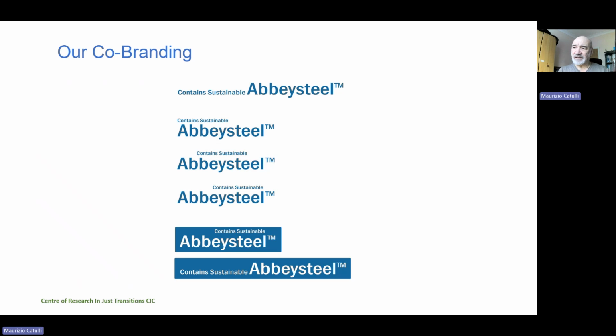What we did is trademark a whole award of Abe Steel, and we came up with a contained sustainable Abe Steel logo, and we add some labels for you, self-adhesive labels made of steel, of course.